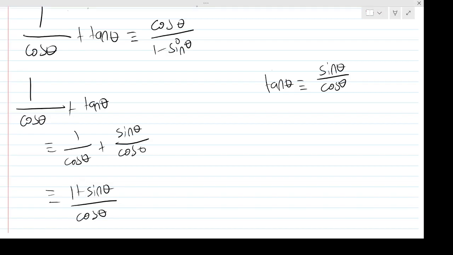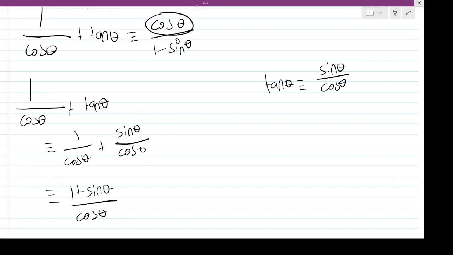Right, so I think this is the tricky bit, right? How do we get to the next stage? Well, I think you can kind of force this answer, because I recognise that cos theta is on the top here, on the numerator. What if I just times top and bottom by cos theta over cos theta, right?